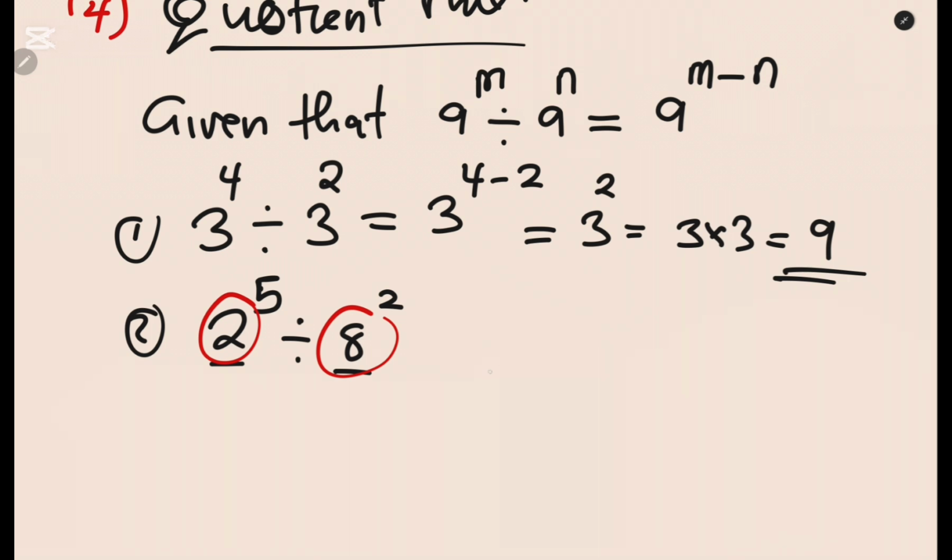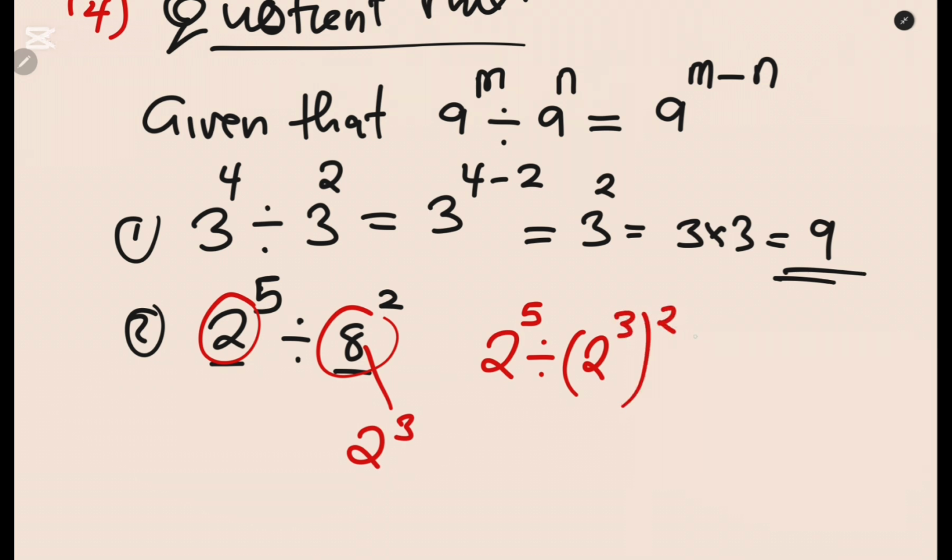So 8 is just the same as 2 to the power 3. So we are going to say 2 to the power 5 divided by 2 to the power 3, and of course outside there's to the power 2.